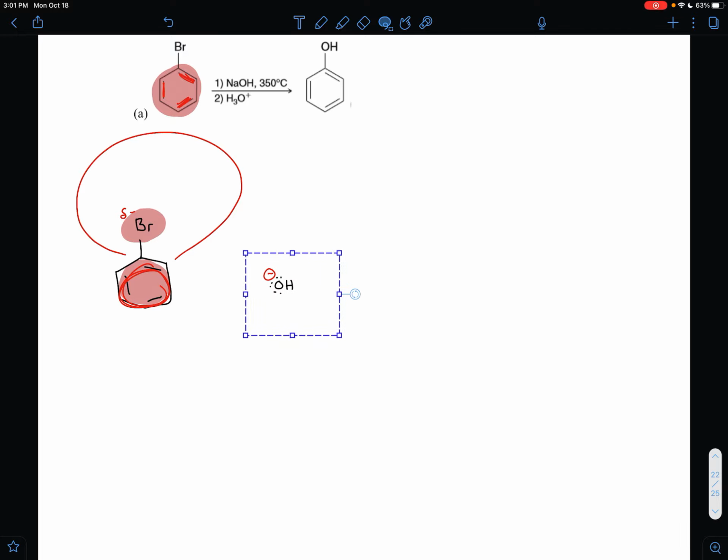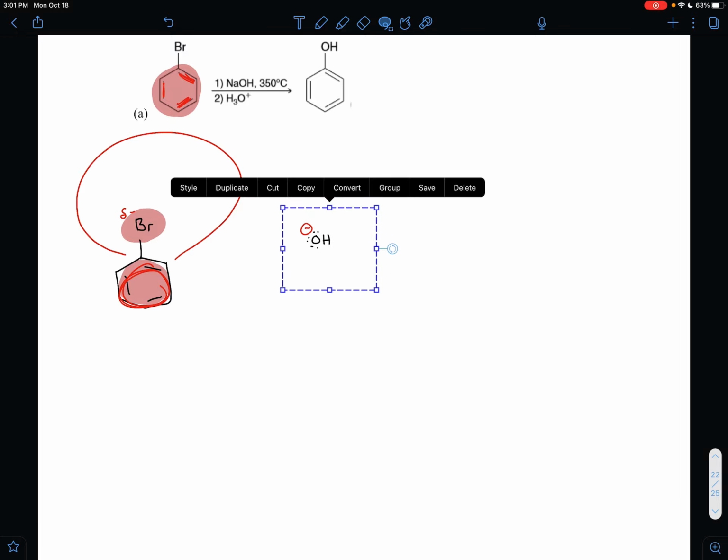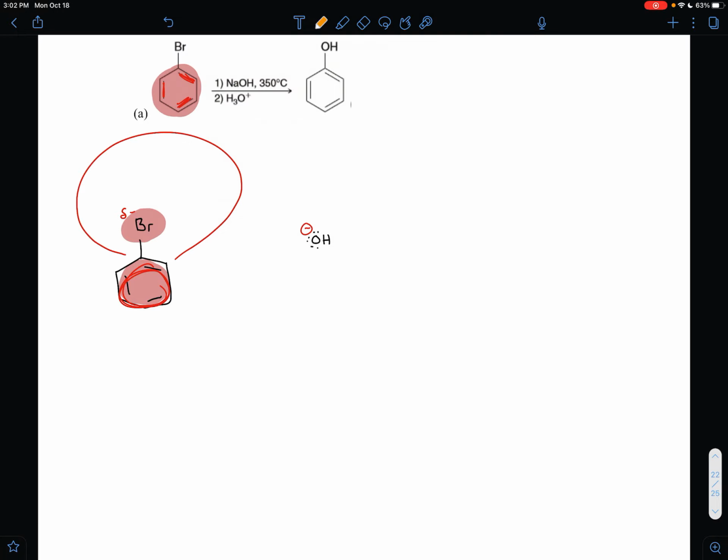Even at a really high temperature, this nucleophile doesn't stand a chance. How can it reach this carbon here to kick the leaving group off? How can it attack and do nucleophilic attack? Well, it kind of can't. And so it does the next best thing. It steals something that's exposed.